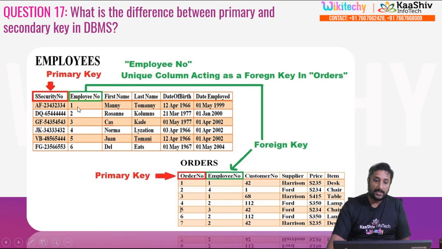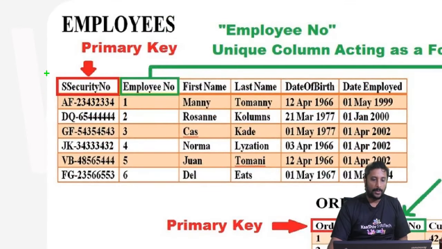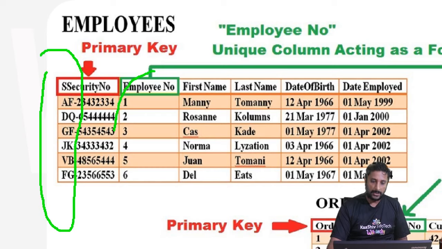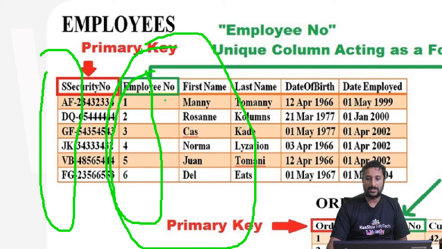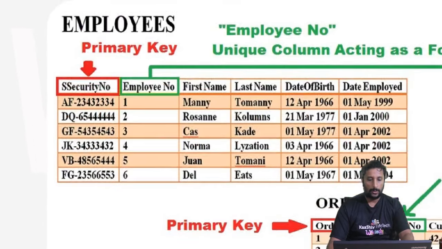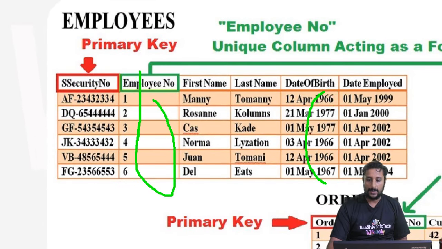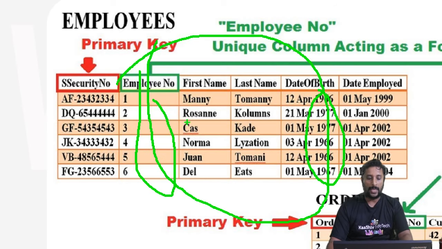This is called a primary key, the key to uniquely identify, and this is also a column to uniquely identify, or a combination of employee number and first name can make a key. So they call it a secondary key.